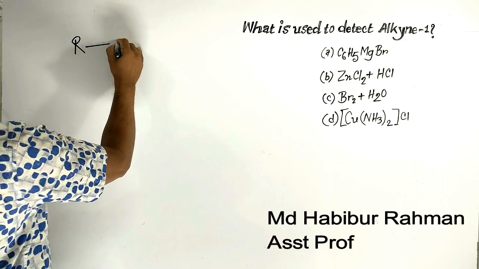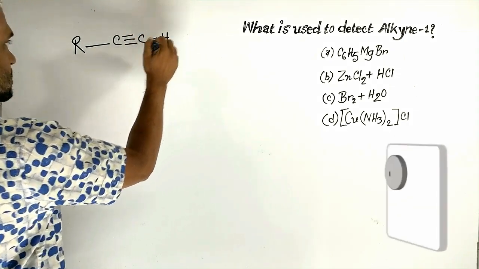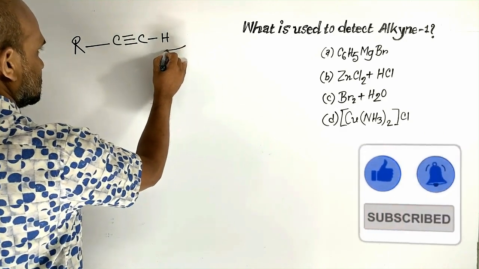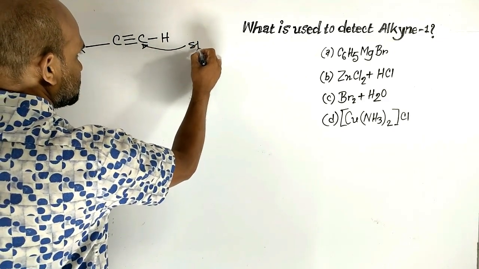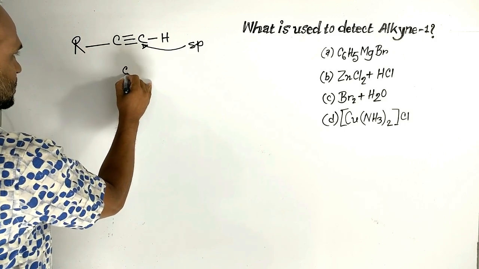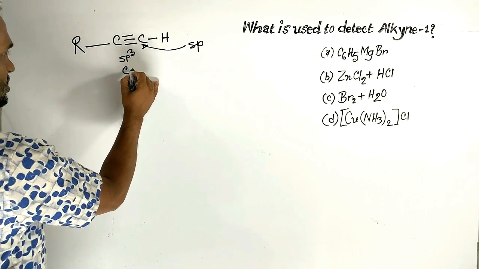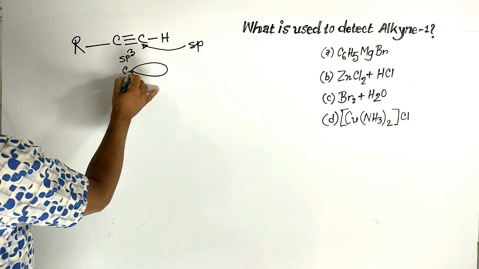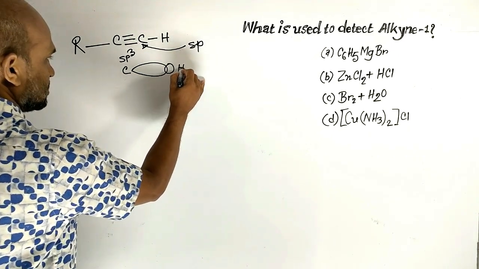Let us suppose this is Alkyne-1, in which this triple bonded carbon is sp hybridized. When the carbon is sp3 hybridized, then the orbital is bigger in size, and with this orbital hydrogen.